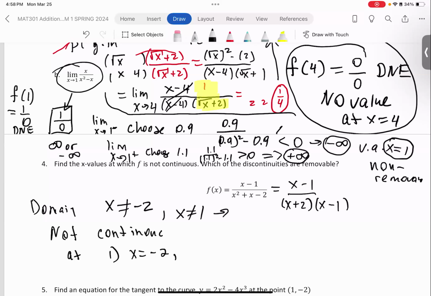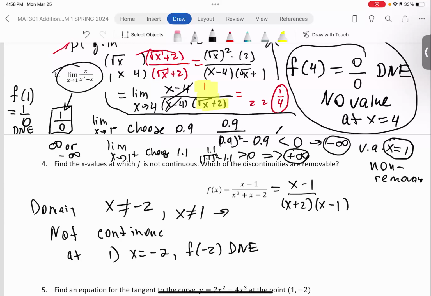Or if we write it fancy, we say f of -2 is... what is it? When you write this notation, f of -2 does not exist, right? Not "is," but does not exist.